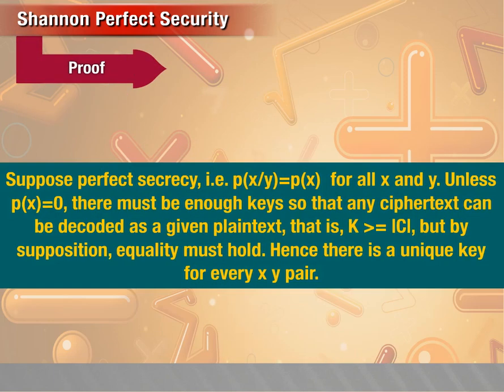Proof. Suppose perfect secrecy, that is P of X given Y is equal to P of X for all X and Y. Unless P of X is equal to 0, there must be enough keys so that any ciphertext can be decoded as a given plain text, that is K is greater than or equal to modulus C, but by supposition, equality must hold. Hence, there is a unique key for every XY pair.